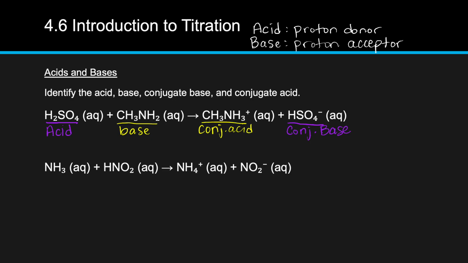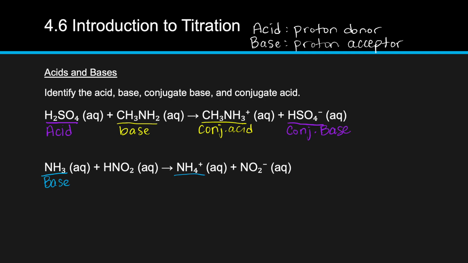Now let's do the same thing with our bottom reaction. Again, I like to identify the acid-base pairs, which only differ by a proton. We can see NH3 accepted a hydrogen plus ion, so that's going to be a base.